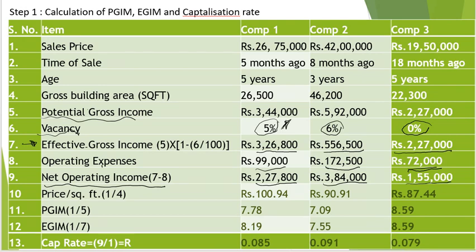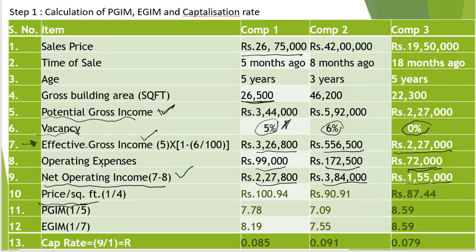So now from these three, from potential gross income, you will calculate the potential gross income multiplier. From effective gross income, you will calculate the effective gross income multiplier. From net operating income, you will calculate the capitalization rate. So first thing you have to find out is price per square feet. Price per square feet means this was the sale price and this was the area for the first comparable.